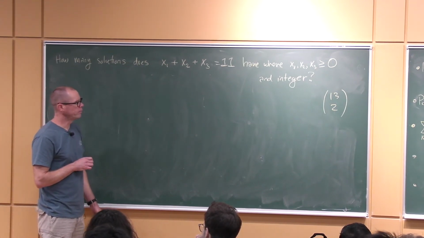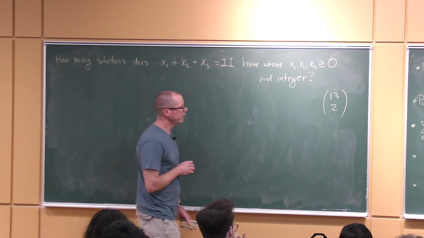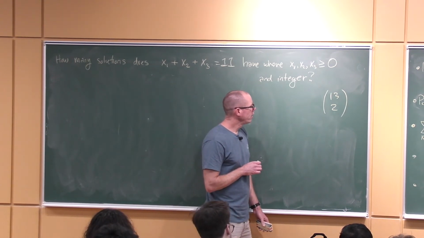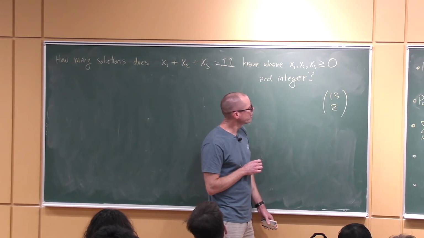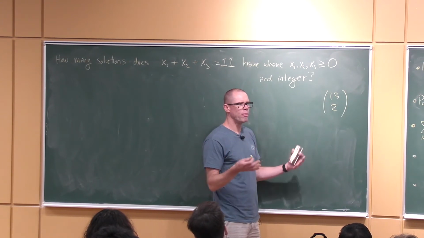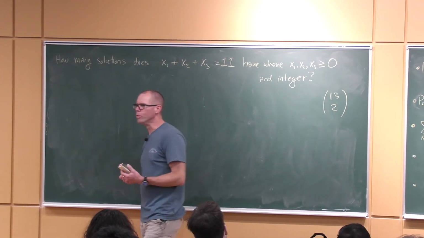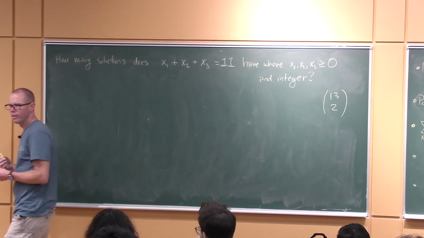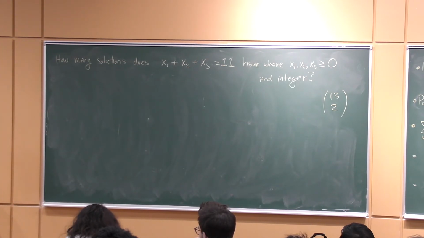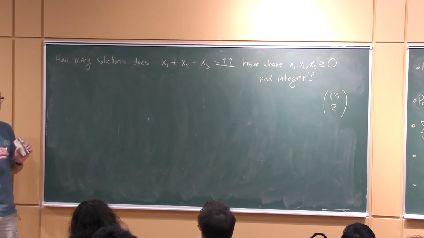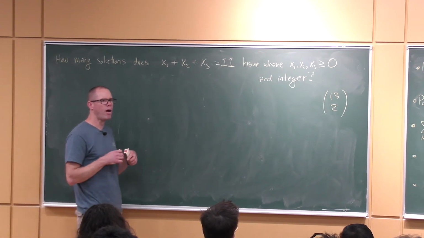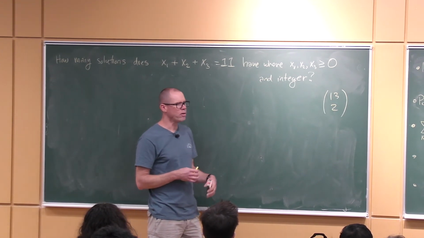Any other examples that we know of where 13 choose 2 is the answer? And I don't specifically mean 13 and 2, where n choose k is the answer. So what kind of sets have size n choose k?